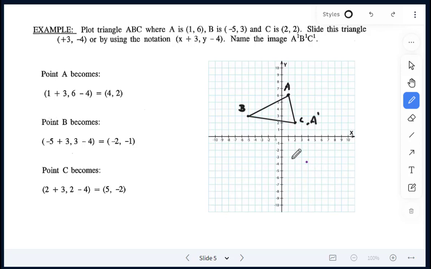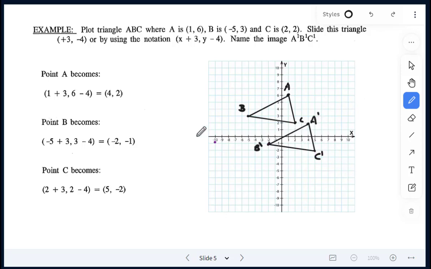So that's A prime. Negative 2, negative 1, that is our new point for B, and our new point for C is at 5, negative 2. Okay, and then I'll just connect that. All right, so we can see our new triangle now, A prime, B prime, C prime.